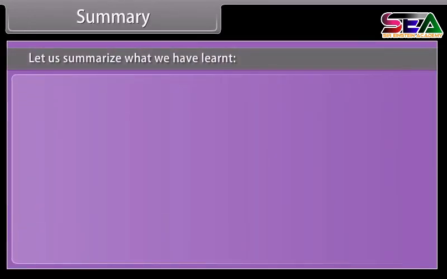Summary. Let us summarize what we have learned. If A is equal to [a_ij] of order m by n, then A dash or transpose of A is equal to [a_ji] of order n by m.